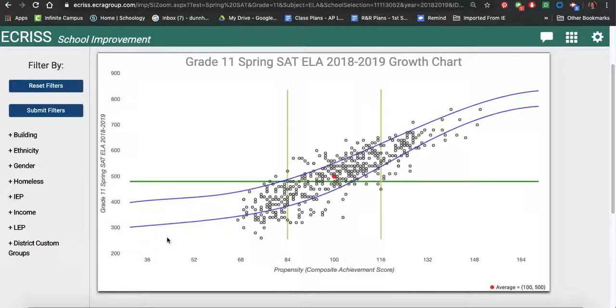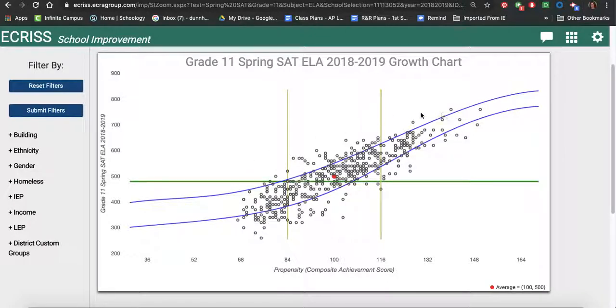So these are all the students in District 156 on their English Language Arts, the evidence-based reading and writing growth chart. And you want students to fall in the river between these 2 blue lines, which is where they are projected to score and grow, or above the river.